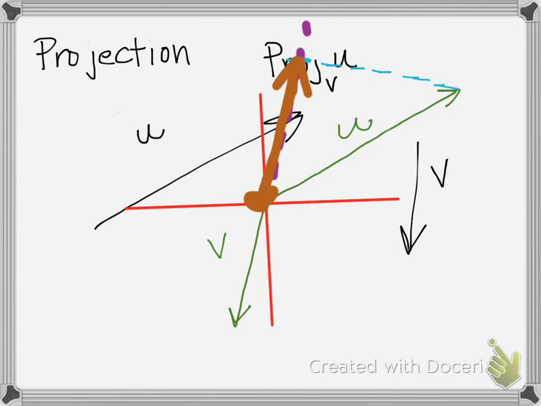So when we're finding the projection of u onto v, I'll write it since it got covered up there, look down in the left-hand corner. The projection of u onto v, what we're finding is a vector. The projection of u onto v is a vector. Okay? So let's look at another example with numbers.